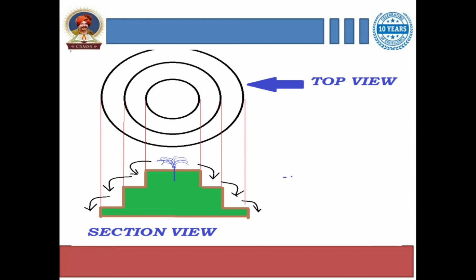You can see here, these are the cascades or steps over which water will come down this way, and water will be collected through the outlet and sent to the next treatment unit.